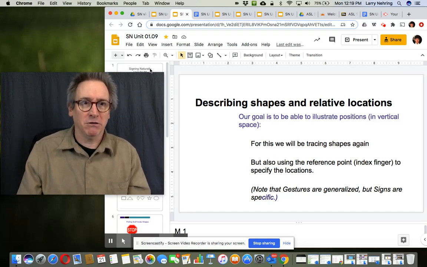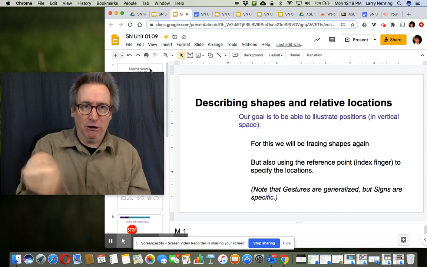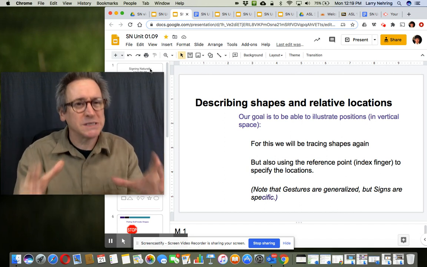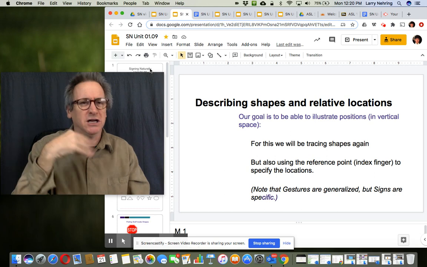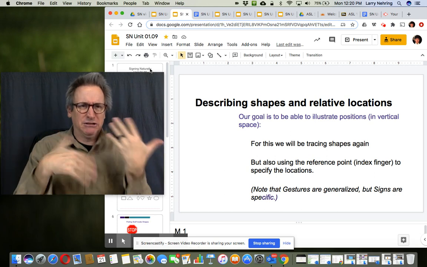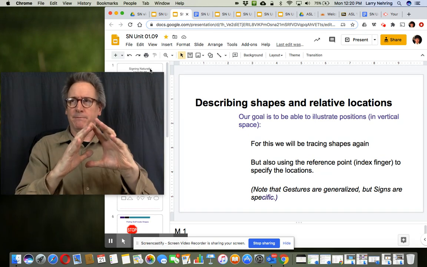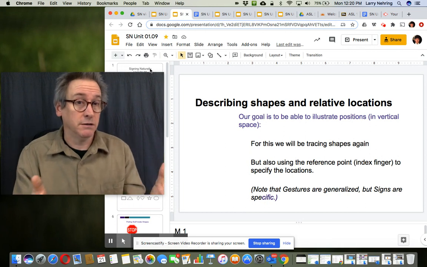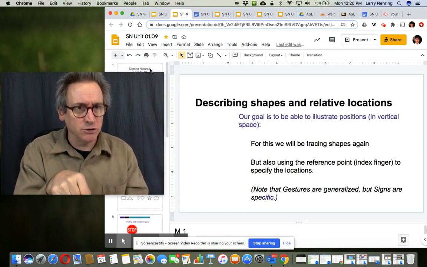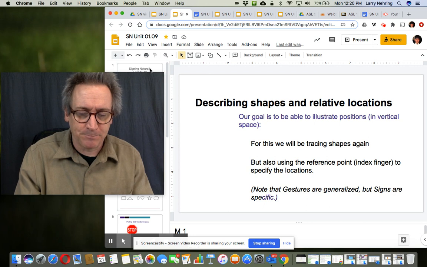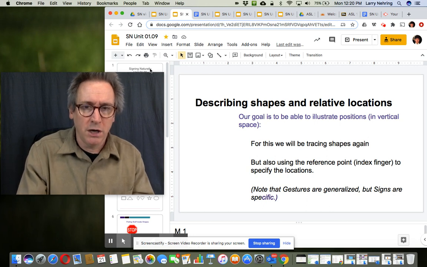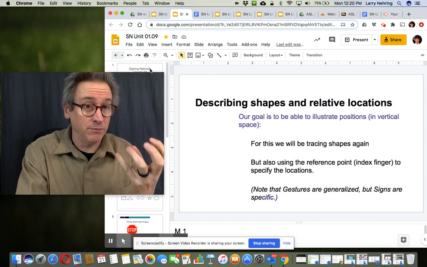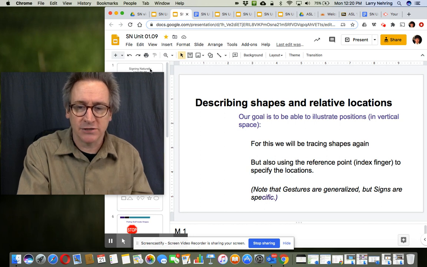The old Cyrano, he goes, bring him here now. Something like that. So those kind of things where they're very specific. Gestures are generally just generic, unspecific movements, where signs tend to be very specific. So that's why we're going to be looking at placement and how we illustrate that.